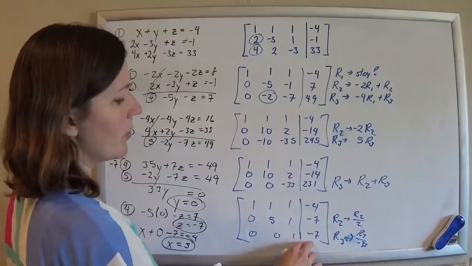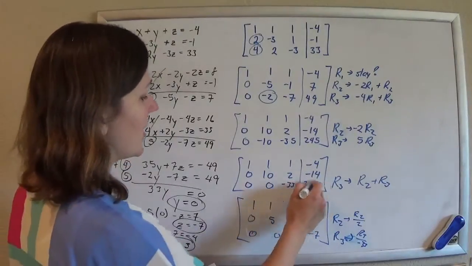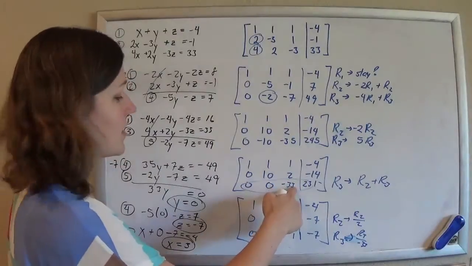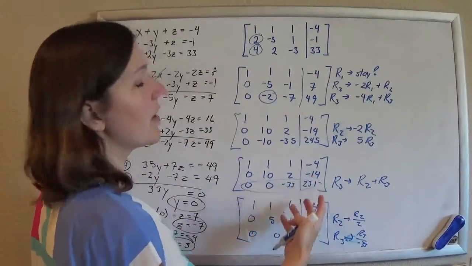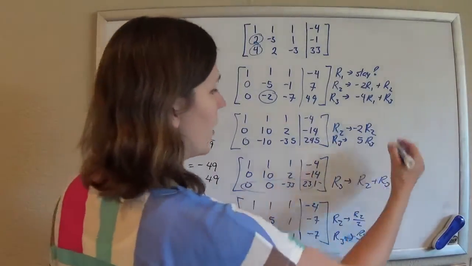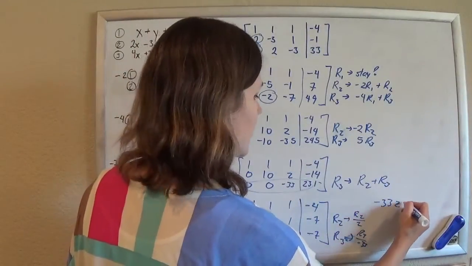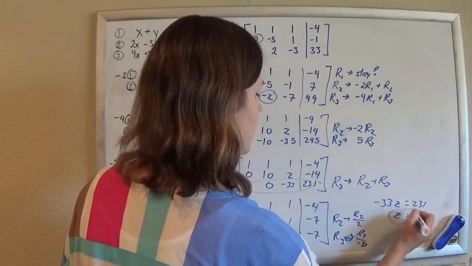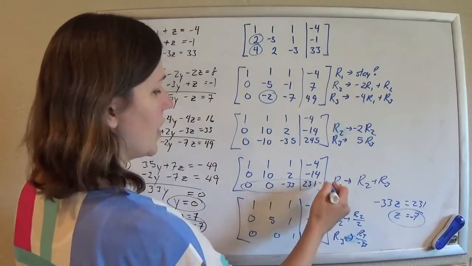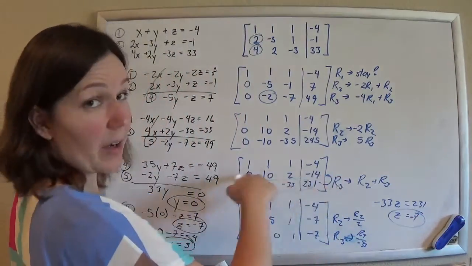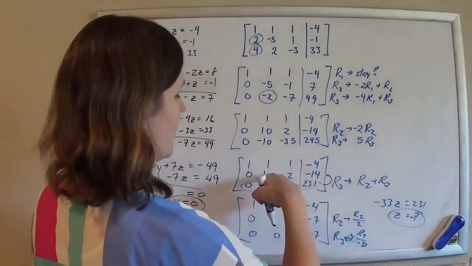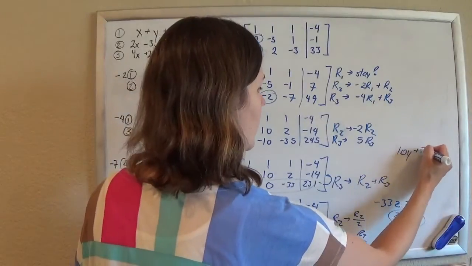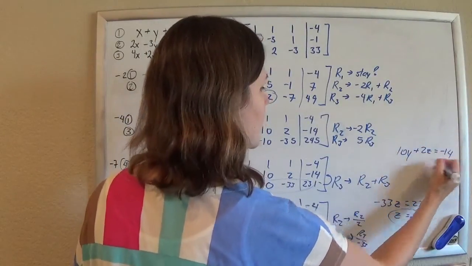And so for Gaussian elimination, actually I don't even need to go to that last step. As soon as you get that part there, yank it out of the matrix, and just do -33z equals 231, so z will be -7, and then put that back into that equation, which is basically saying 10y plus 2z is -14.